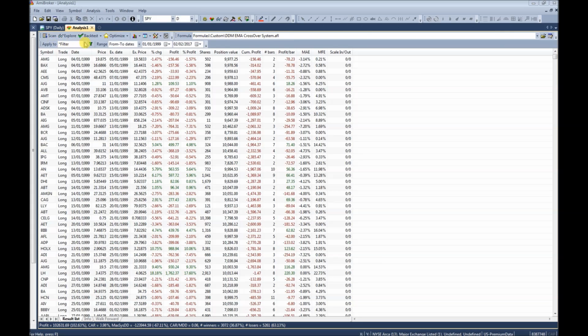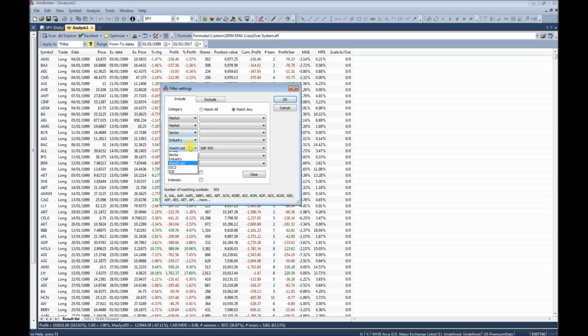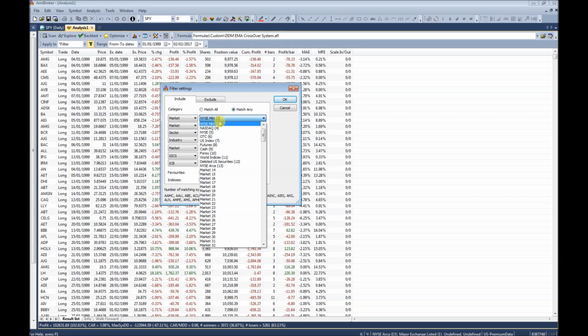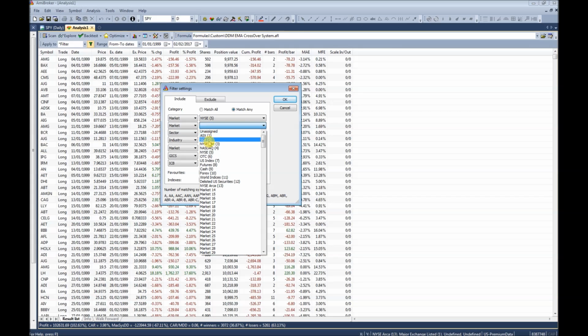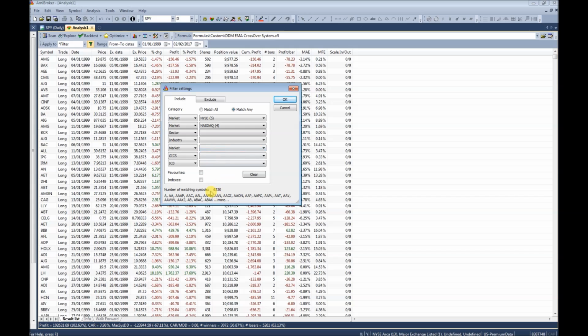Now let's change our filters here, and what we're going to do is look at a market, and we're going to look at the NYSE. That's not the right one. The NYSE number 5 has 3,000 symbols, and we're going to look at the NASDAQ, which has another 3,000 or so.